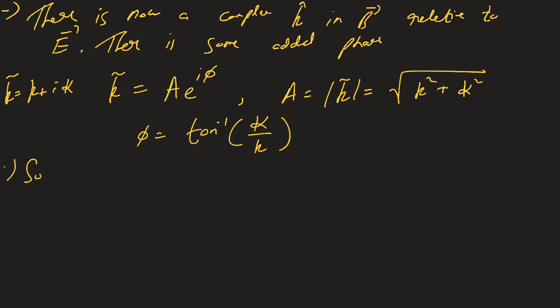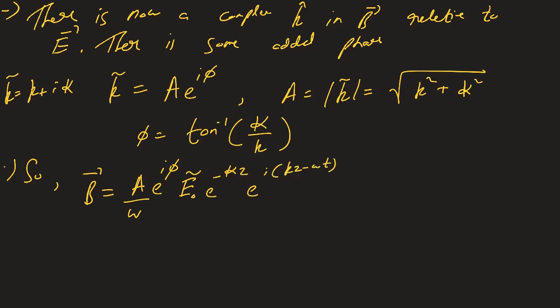So in fact, B is equal to A over omega e to the power i phi E naught tilde e to the power minus kappa z e to the power of i(kz minus omega t) y hat.